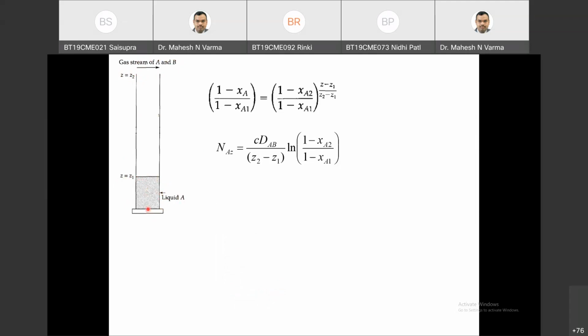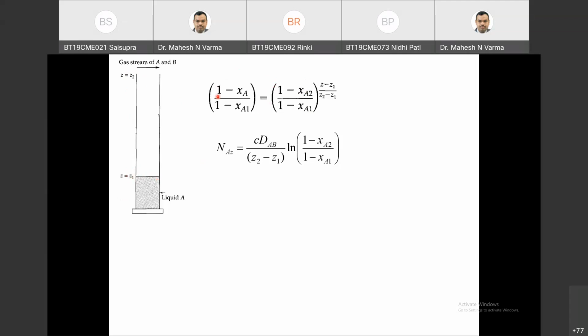You can think of the origin as starting from the bottom of the cylinder. At Z1 the concentration is XA1, and at Z2 the concentration is XA2. XA1 can be estimated using Raoult's law at the gas-liquid interface, so there will be a saturation concentration at this interface.